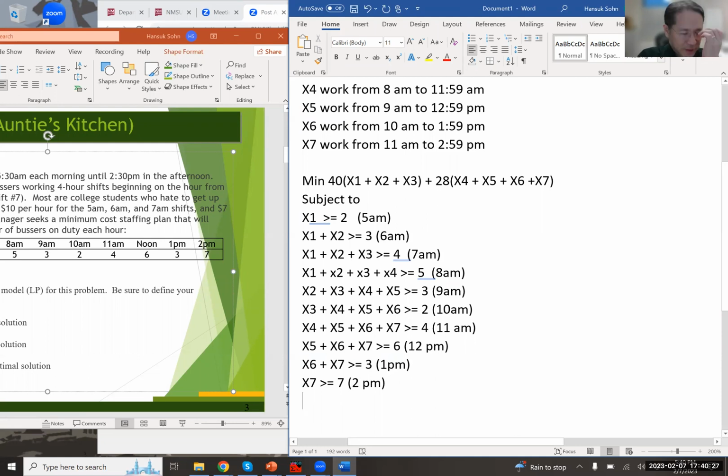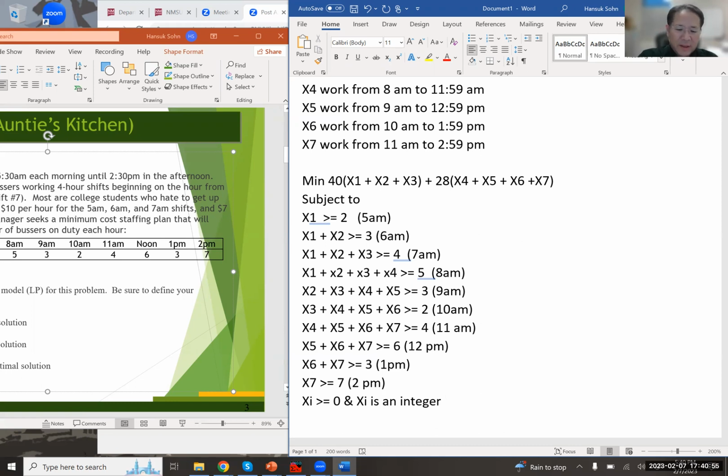And don't forget to add the sign restriction. Every decision variable, x of i, has to be greater than or equal to 0, and also x of i is a general integer value, because you cannot hire, for example, 2.568 people.